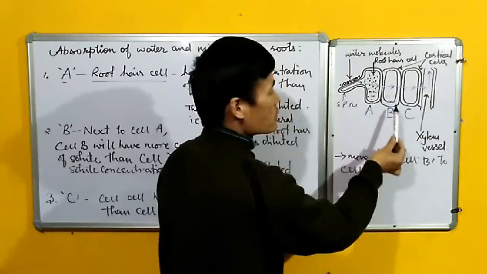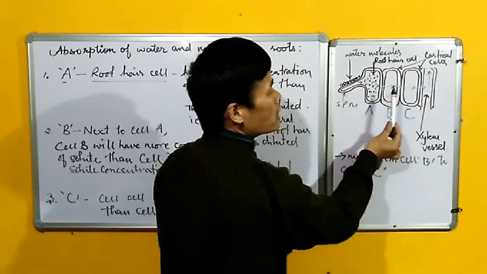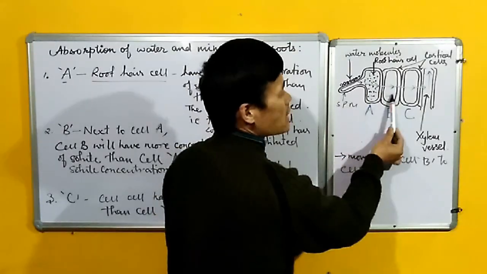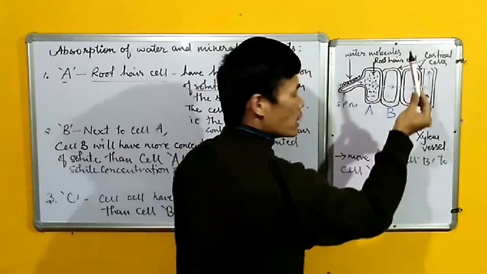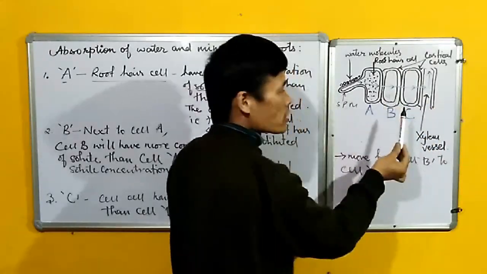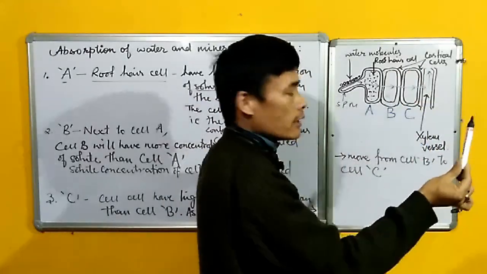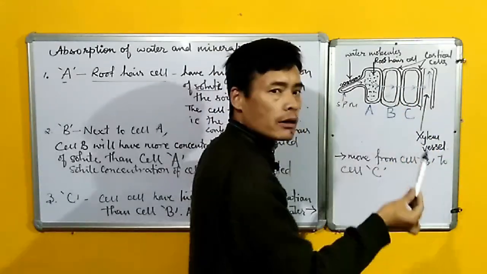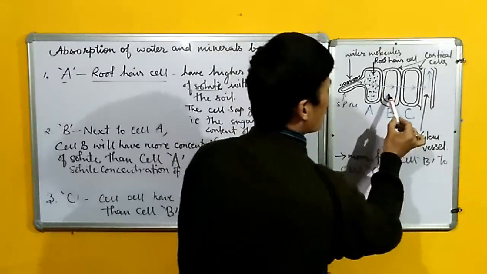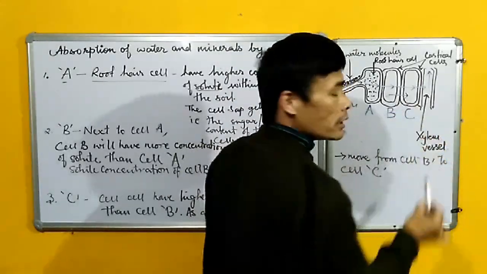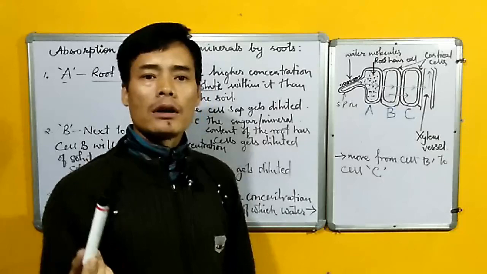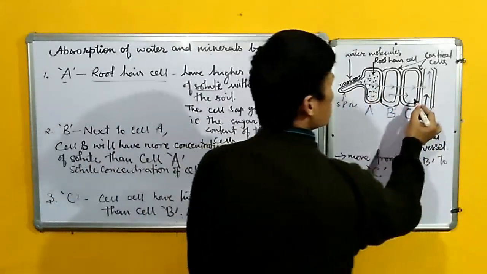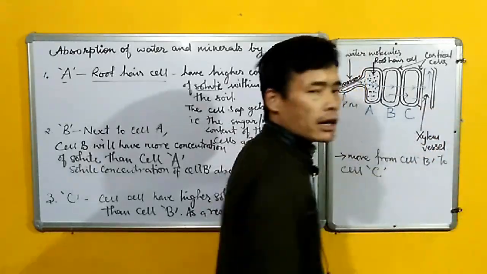This cell B has a lower solute concentration because it has been diluted due to continuous inflow of water from cell A, and comparatively, if we compare the solute concentration of cell B with cell C, then the solute concentration of cell C is much higher than cell B. As a result of which, water will move from cell B to cell C. And ultimately, in this manner, water reaches the xylem.